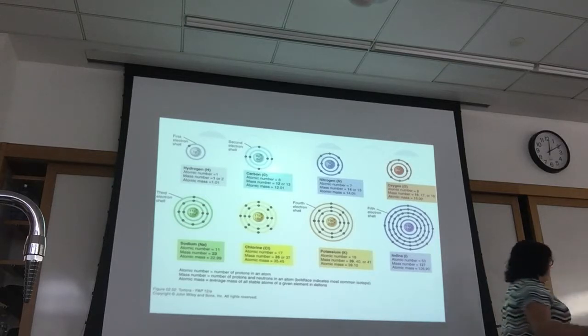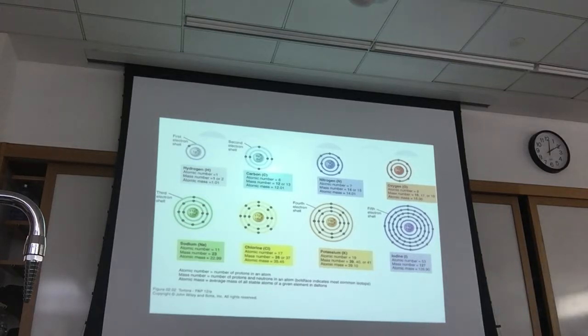And we have our first formula. The first thing that you should memorize if you don't know this yet: the number of protons equals the number of electrons, you know that already, equals the atomic number. All three numbers equal each other.